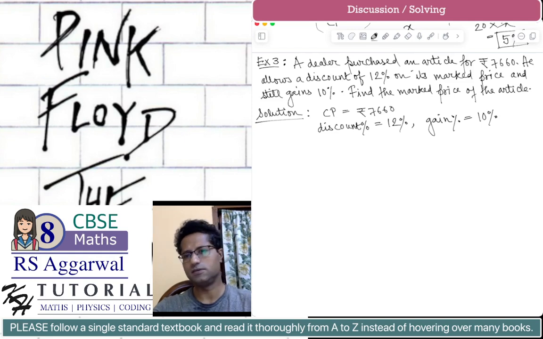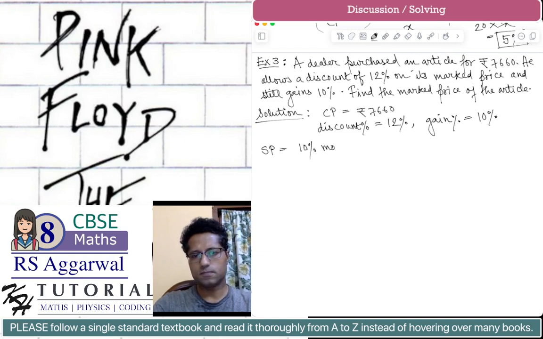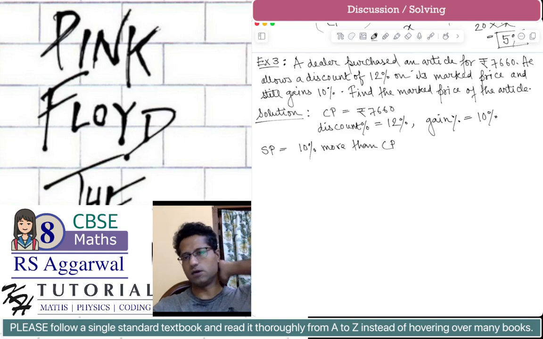Now since there is a gain percent, we can say that the selling price should be equal to 10% more than cost price, because that is the definition of gain percent. What is gain? Gain is selling price minus cost price. Now remember that for problems related to discounts, the selling price will be marked price minus discount, if there is any discount.